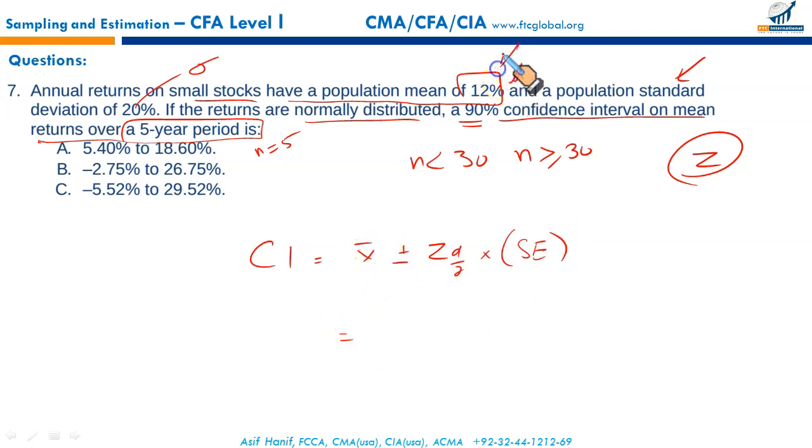The mean here is 12 plus minus, since we're talking about the 90% confidence interval, the level of significance is 10%, 10 by 2 is 5, so you're talking about z 5%, which means we're talking about 1.65 standard deviations from the mean, multiplied by the standard error, which can be calculated by dividing the standard deviation of the population by the square root of the sample size.